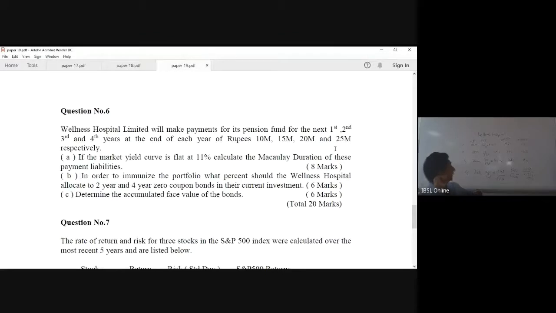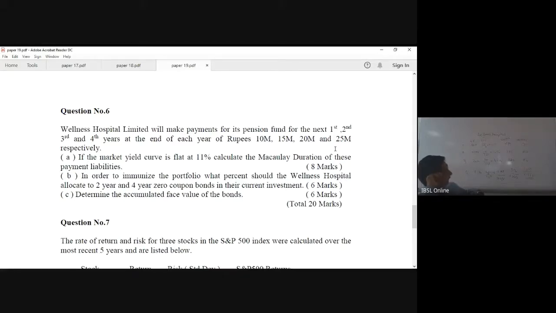These are the present values of cash flows in the 4 years, and the total comes to 52.275. With that, we can calculate the weights of each cash flow. The first year weight is 0.172, the second year 0.233, the third year 0.280, and the fourth year 0.315. Altogether the total comes to 1, so the weights are correct.